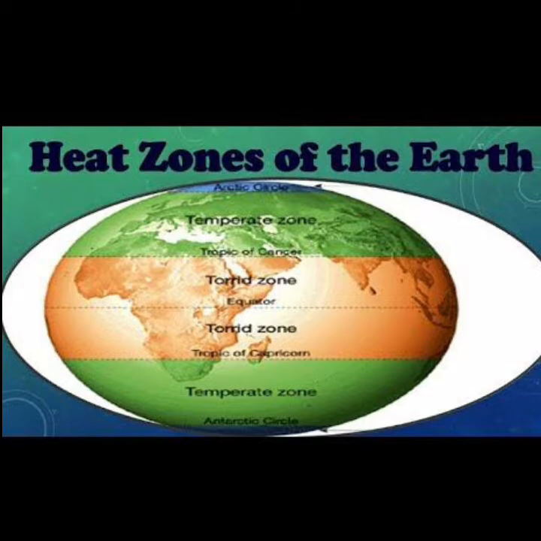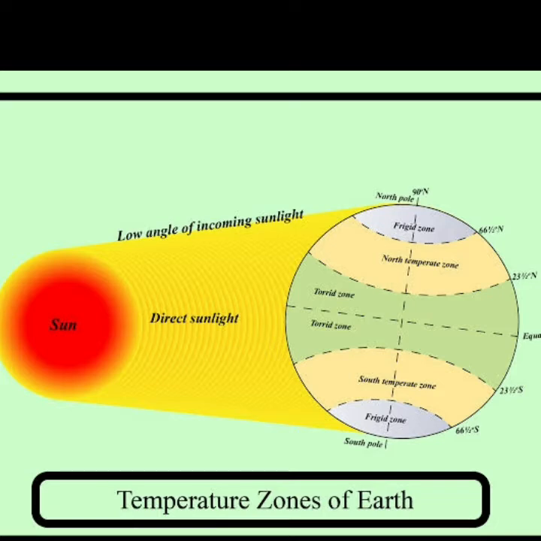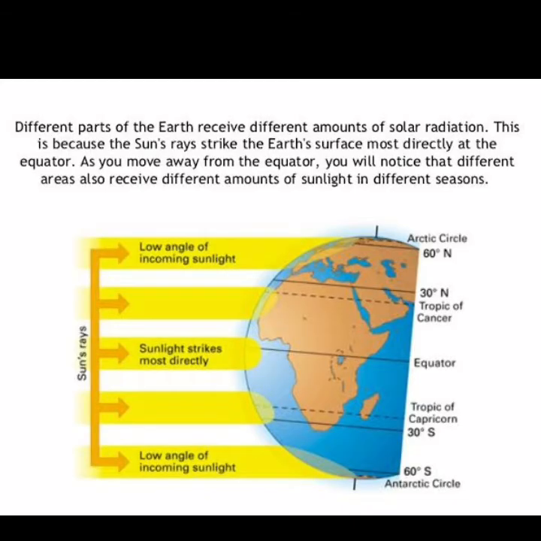Heat zones. The parallels of latitude divide the Earth into 3 heat zones on the basis of the amount of heat received from the sun. The sun rays do not fall vertically on all places on the surface of the Earth at a time.